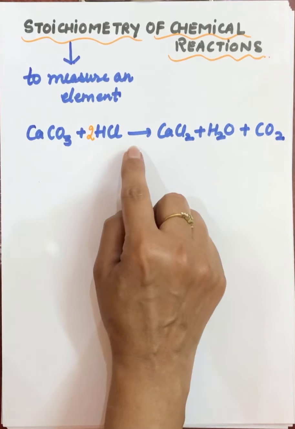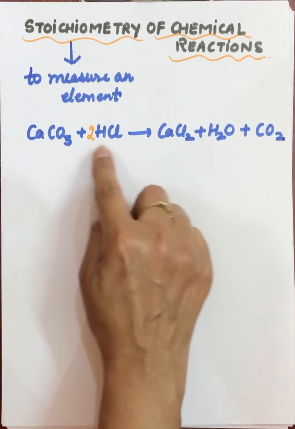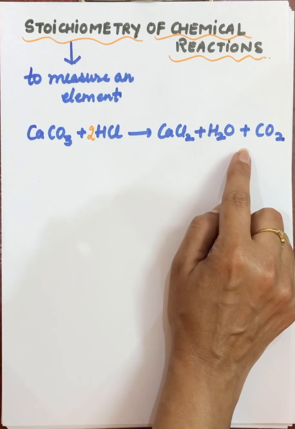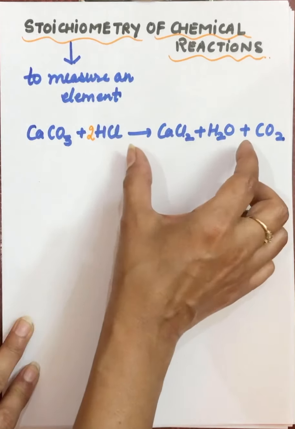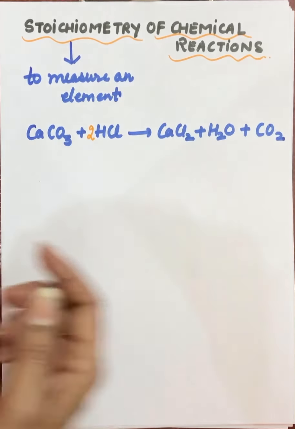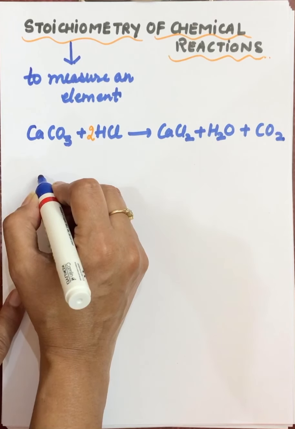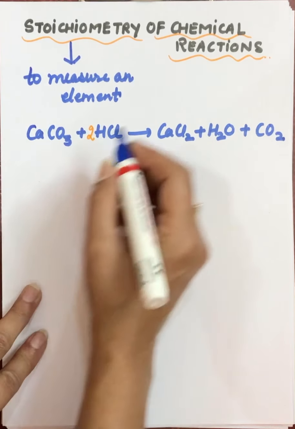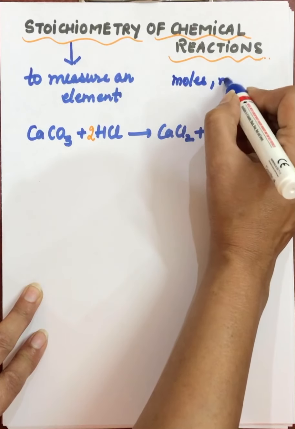So what is the important aspect of a chemical equation? That when it is written in the balanced form, it gives a quantitative relationship between various reactants and products. And that relationship is in terms of their moles, masses, molecules and volumes.